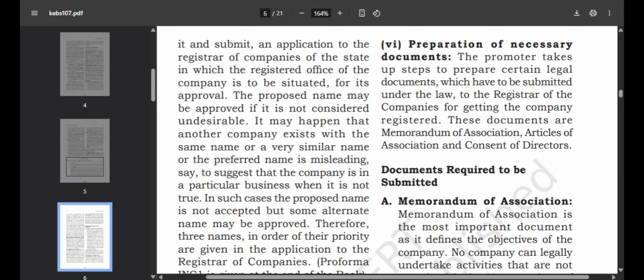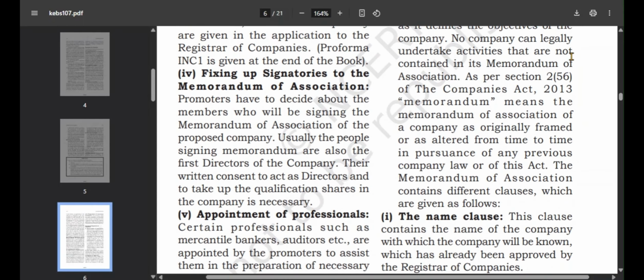Okay, then your fourth function of your promoter is fixing up signatories to the memorandum of association. The MOA, memorandum of association, is basically the objectives. It lists down the objectives. Fixing up signatories means to sign the document.